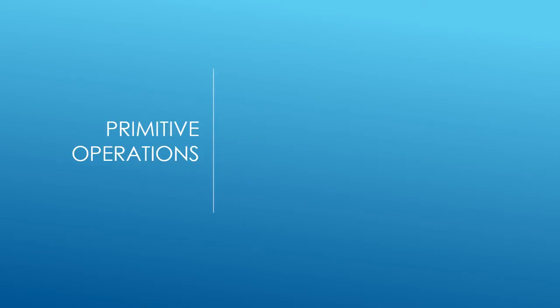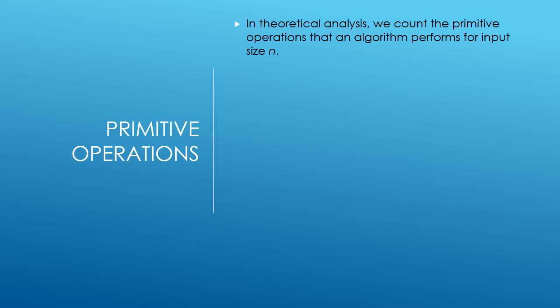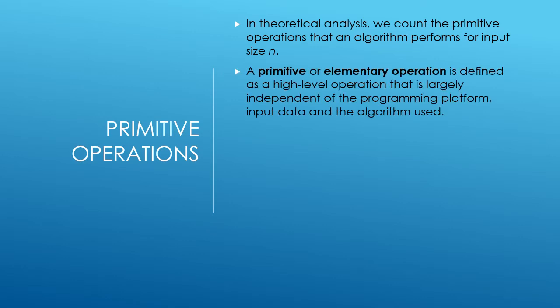So what actually happens in theoretical analysis? In theoretical analysis, we count the primitive operations that an algorithm performs for input size n. A primitive or elementary operation is defined as a high-level operation that is largely independent of the programming platform, input data, and the algorithm used.